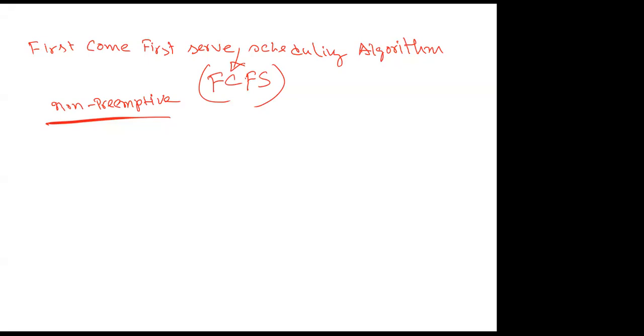We'll explain the first come first serve algorithm by using different processes, and we'll get the arrival time as well as the burst time from these processes.